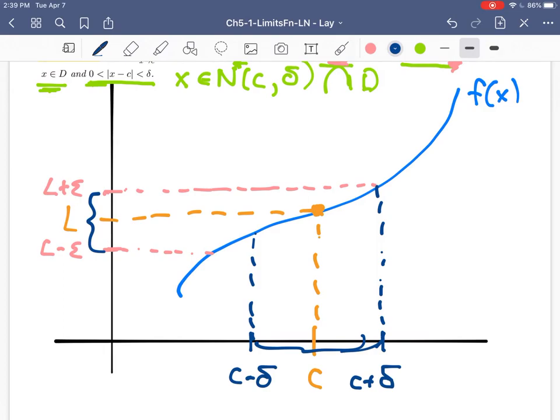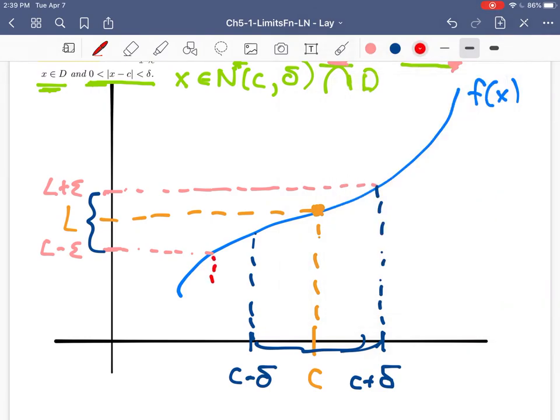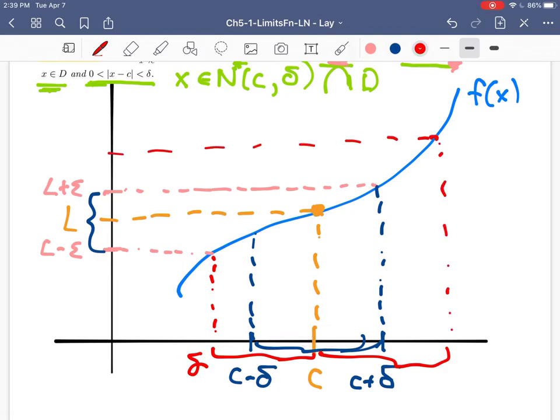Now, when you look at this particular graph, you might say, well, why didn't we choose it way down here? Well, if we chose our delta in this way, so if this was our delta, then when we went above delta that many units, we would have some points that have function values that are more than epsilon units away from L, right?